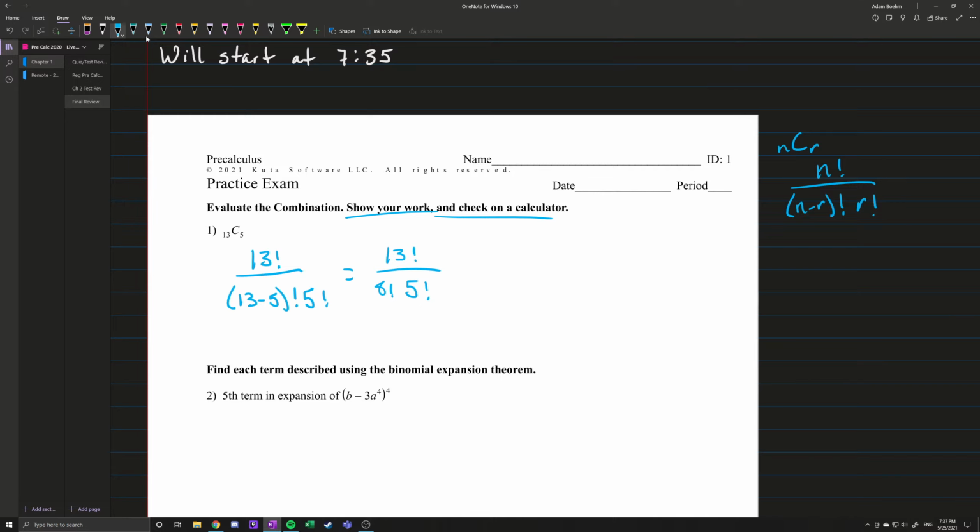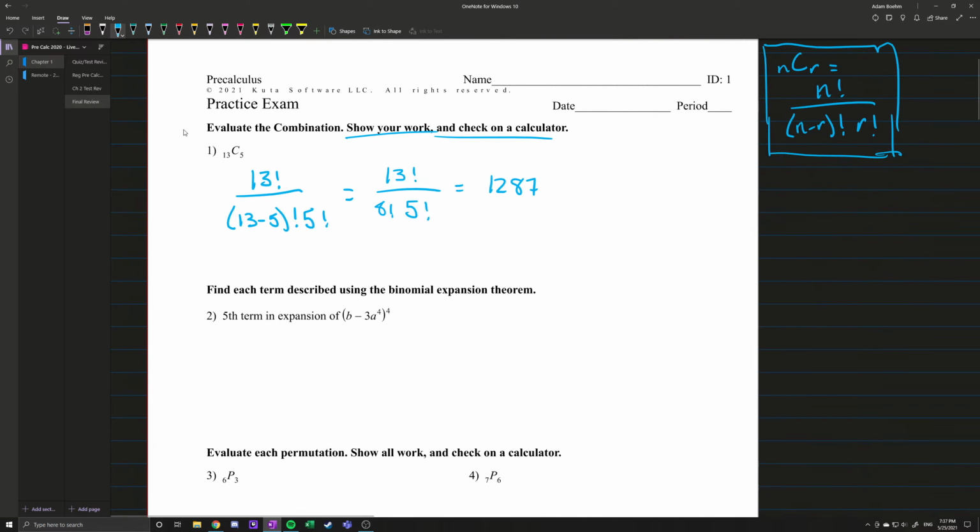So you get 1287. Okay, that should be easy. There's not a whole lot to it. It's just knowing the formula, which is this guy up here.